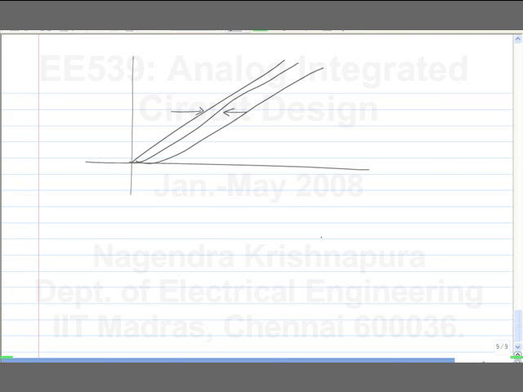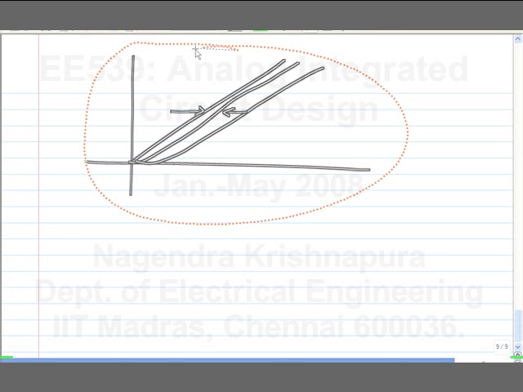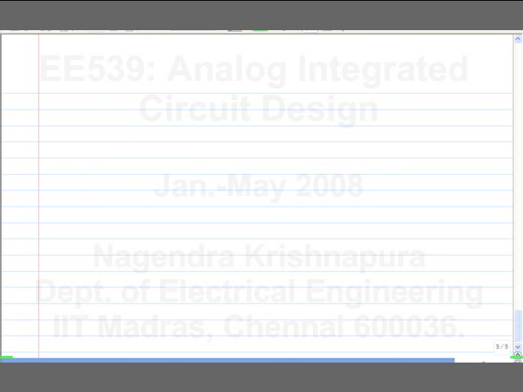The poles are a property of the network. The question is, when you are calculating the poles, should you look at the signal path? The signal path doesn't come into the picture. The poles are independent of where you apply the input and where you take the output. So you disable the inputs and evaluate the poles. Where you apply the input and where you take the output determine the zeros.